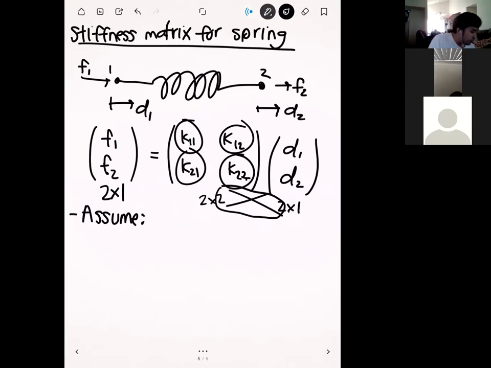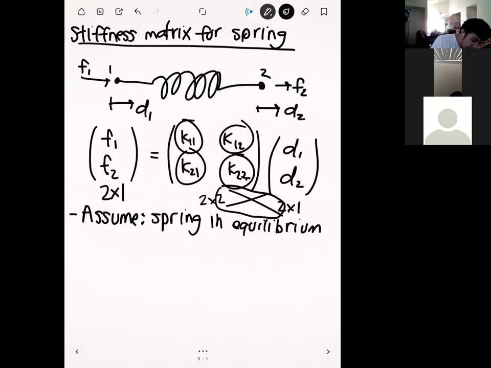And so let's assume our spring is in equilibrium. Okay, so our spring is not moving. So if we sum up all the forces on the spring, they equal 0. And so that means F1 and F2 have to be the same magnitude, but opposite in direction. Okay?